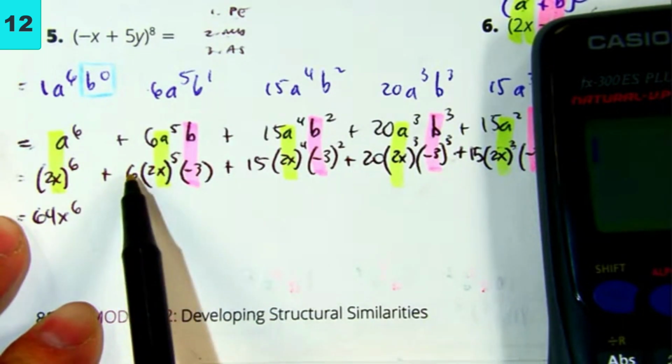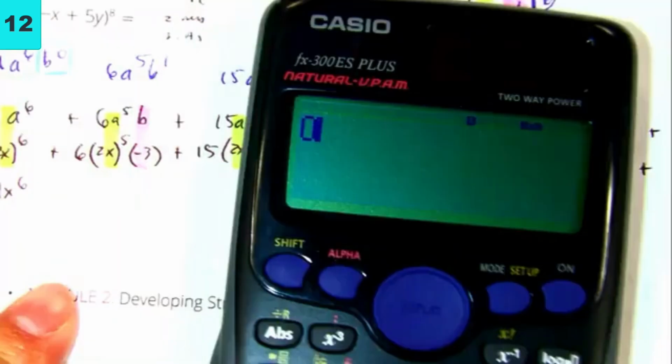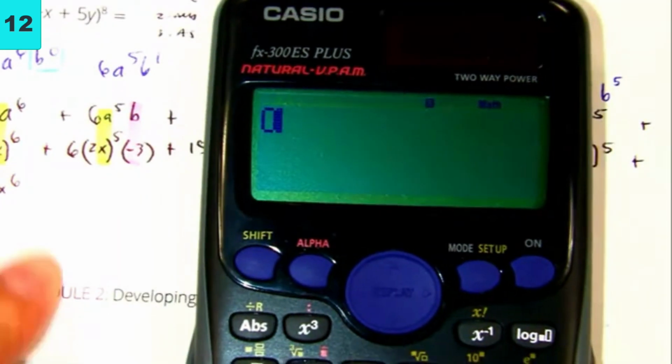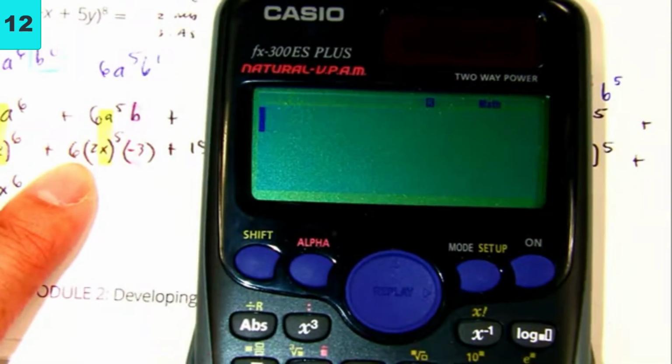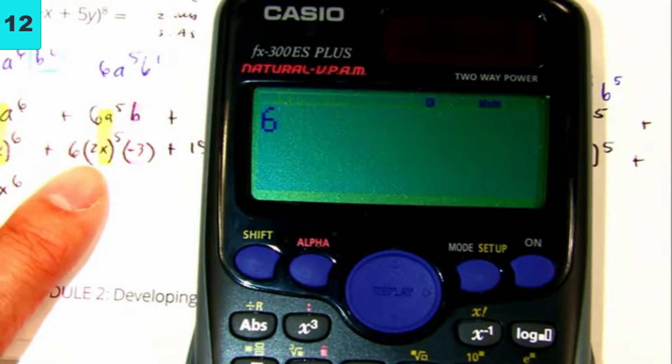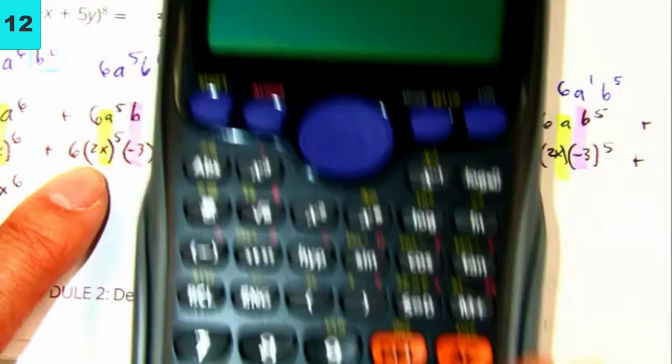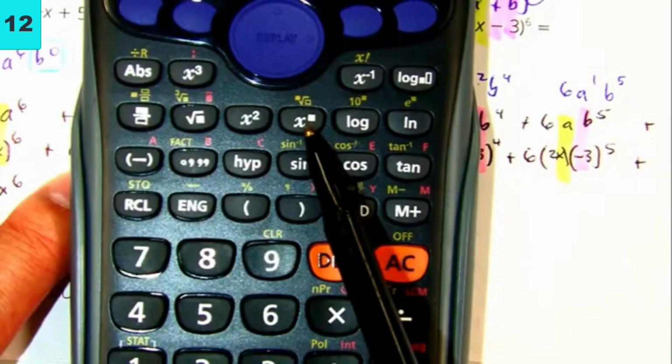Okay? So let's go for the home run. I can actually put all this into my calculator. Again, same thing, but no variables. 6 times 2, close the parentheses. My button for the exponent here is x to that box.